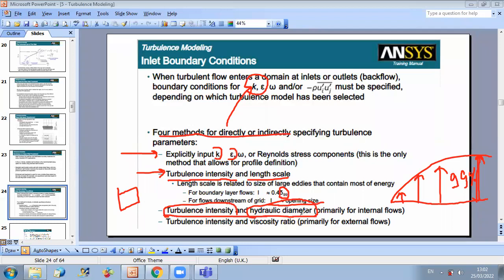And for the hydraulic diameter, you know how to calculate it. You have a certain area. For example, if we have a rectangle, we know that DH is equal to 4A over P, where A represents the cross-sectional area, and P is the wetted perimeter, which represents the total length of contact between the fluid and your inlet. Also, another possibility is to introduce the turbulent intensity and viscosity ratio. This will be the case if you are dealing with external flows.